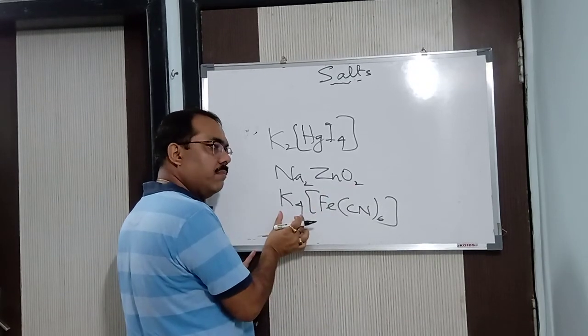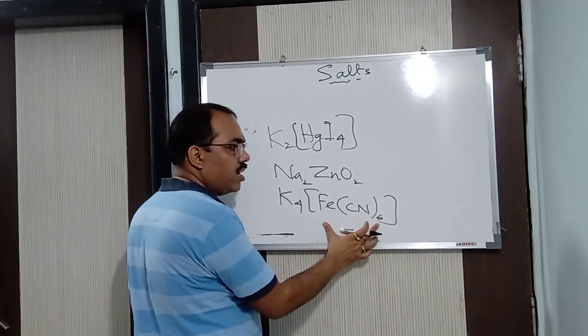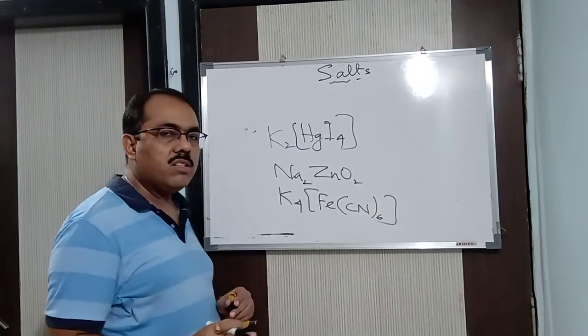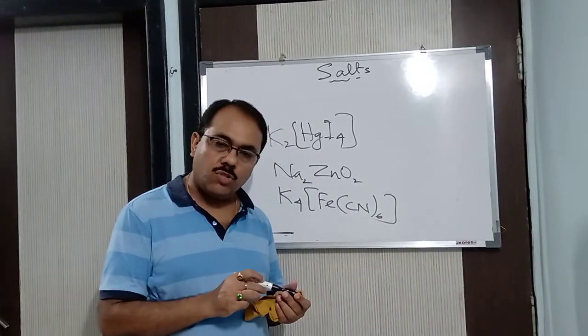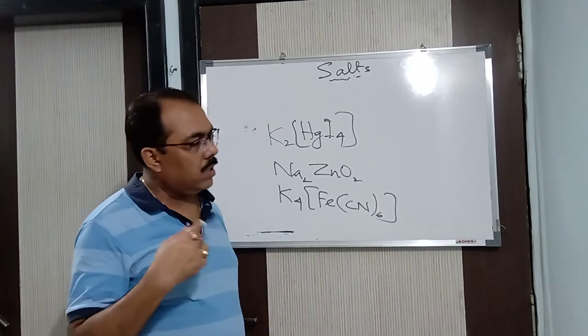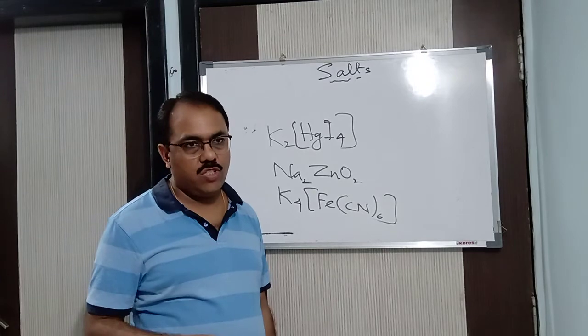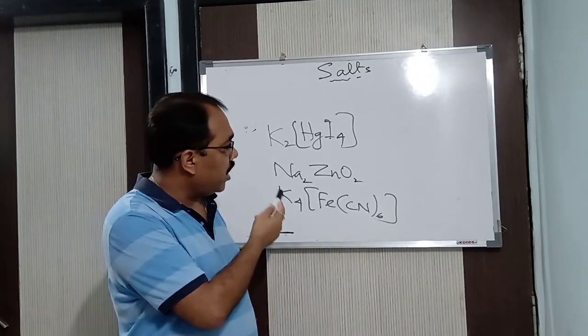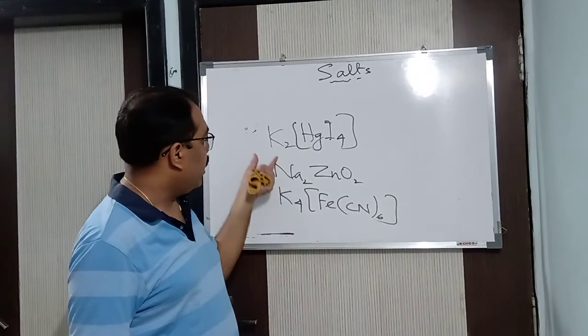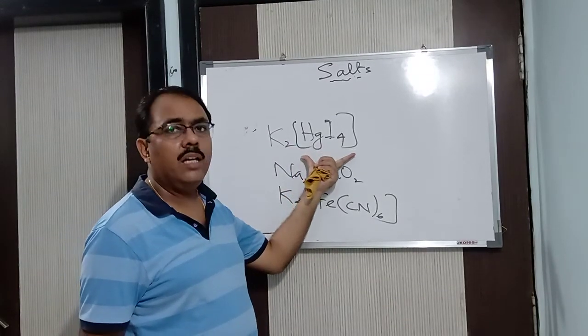This is your simple ion, potassium, and ferrocyanide is a complex ion. A complex salt is made by mixing two saturated salt solutions, getting another salt solution, and going for crystallization to recover the salt. It contains one simple ion and a complex ion.